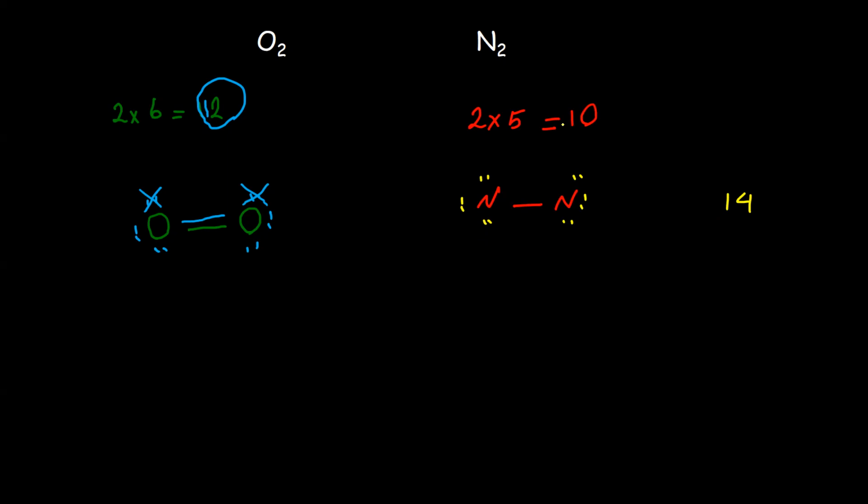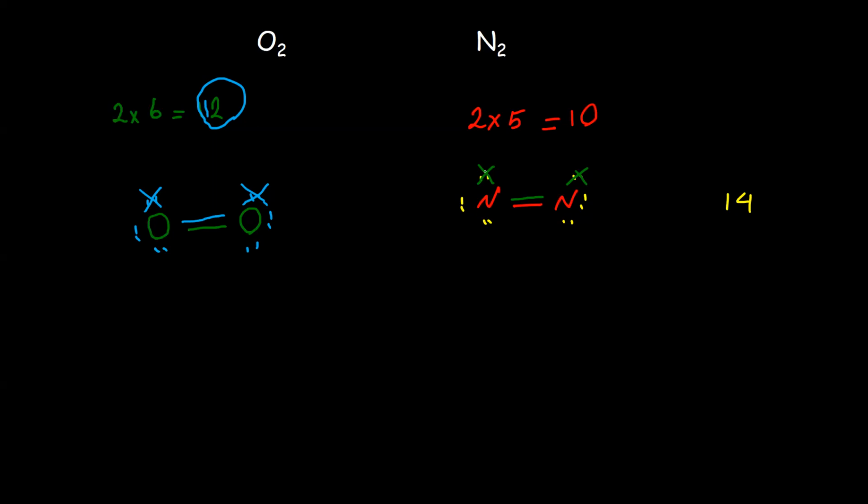To fix this problem, again, something that we can do, instead of giving 2 electrons to this nitrogen and 2 electrons to this nitrogen to fill the outermost shell, I cross this and give 2 electrons that they share between each other. Still, they have 8 electrons in their outermost shell.